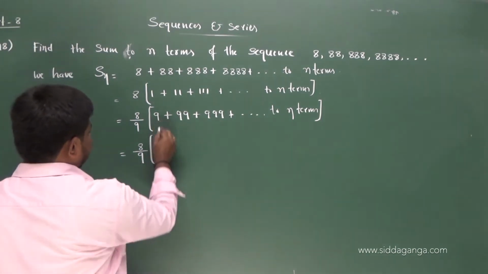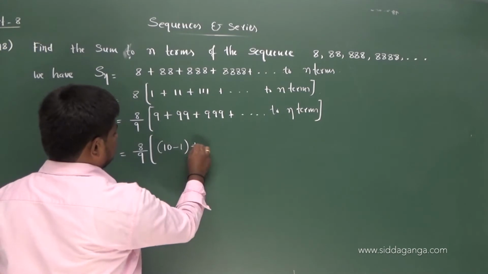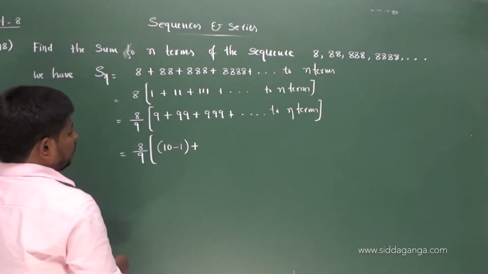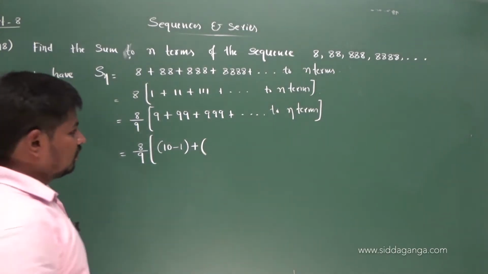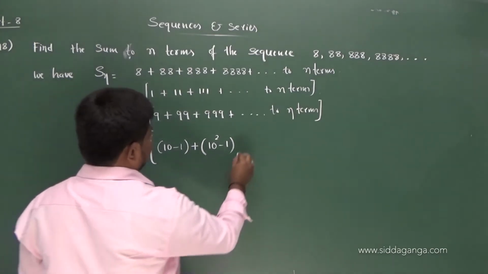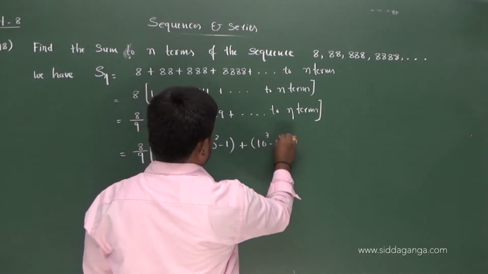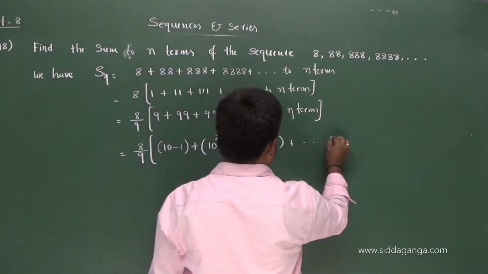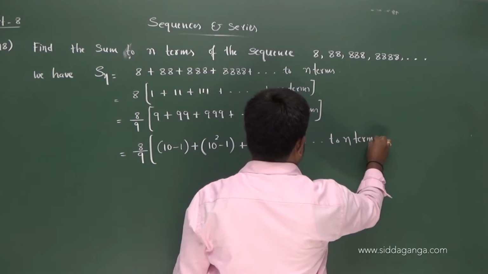I am going to write 9 as 10 minus 1, plus 99 as 100 minus 1, that is 10 square minus 1, plus 1000 minus 1, you mean 10 cube minus 1, and so on up to n terms.